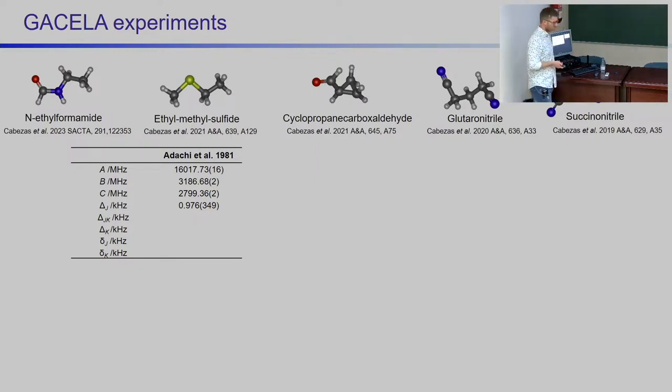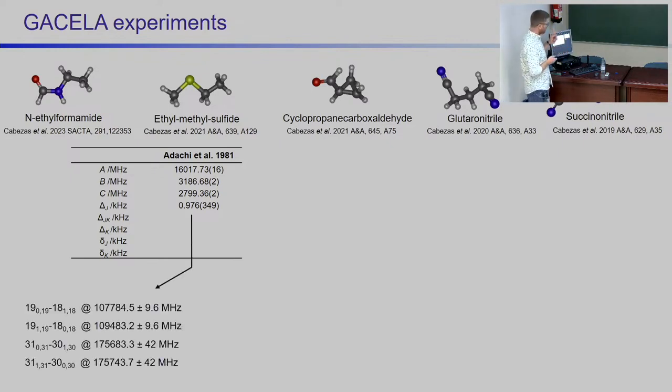If we want to do an astronomical search of this molecule, we need frequency predictions in the range of 3 and 2 millimeters. That means in the frequency region from 75 to 116 gigahertz and from 130 to 180 gigahertz. If we use these constants to get the predictions, we get the frequencies.